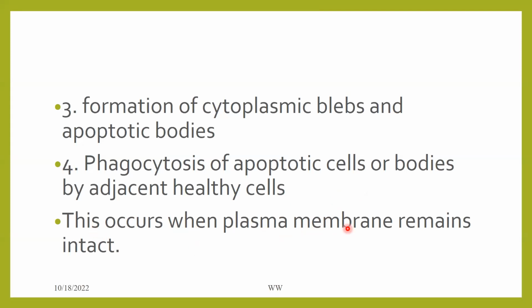We say that it's energy dependent. It retains plasma membrane around this shrunken nuclear and cytoplasmic content that may be a single entity or smaller fragments that are called apoptotic bodies.